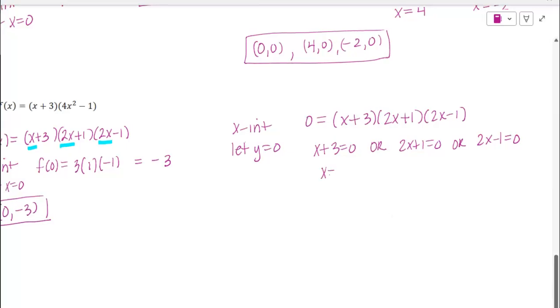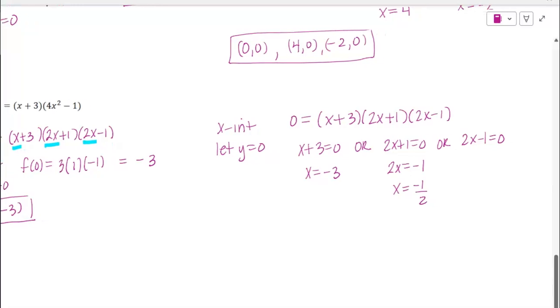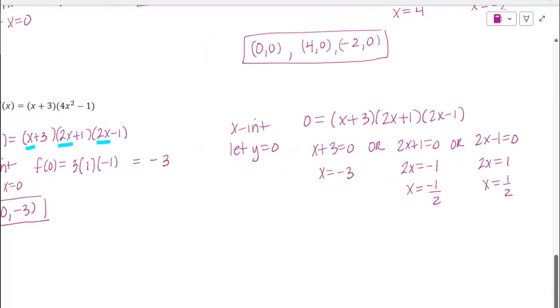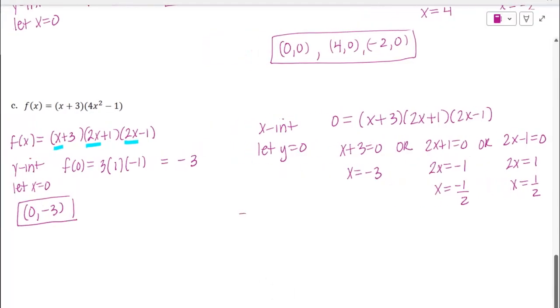This one gives us x equals negative 3. Here we'll get 2x equals negative 1, x is negative 1/2. And here we'll get 2x equals 1, or x equals 1/2. So I think my x-intercepts are going to be (negative 3, 0), (negative 1/2, 0), and (1/2, 0).